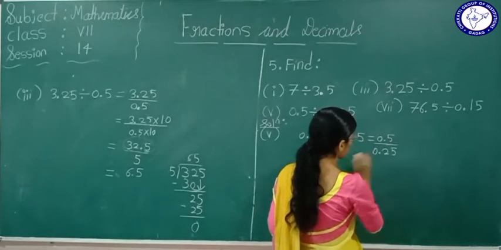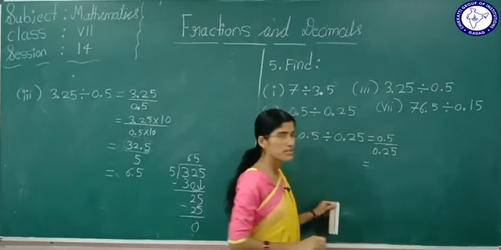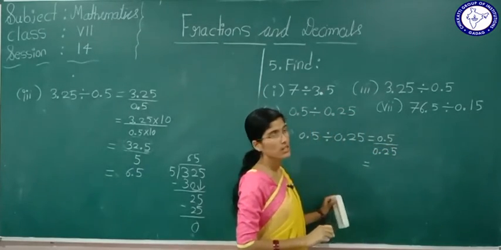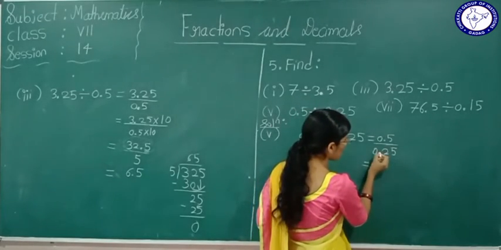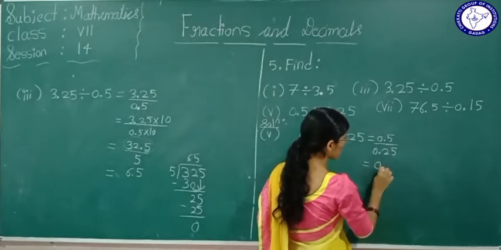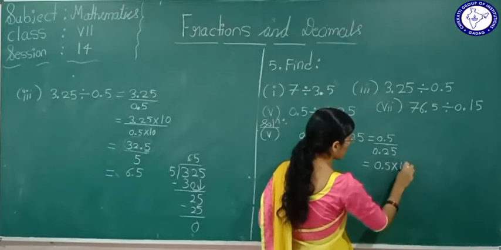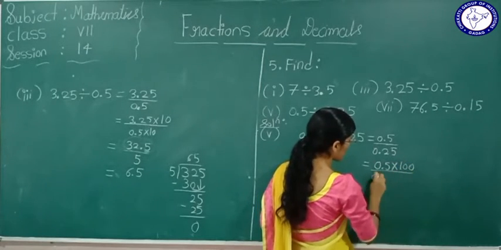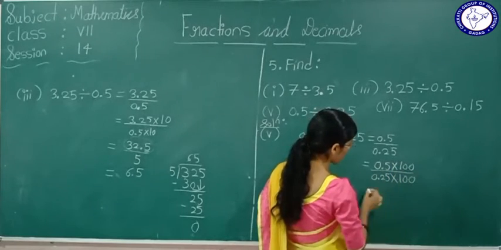Now see here students, to make it a whole number, what do we have to do? We have to look at the divisor. Our divisor is a decimal number, so to make it a whole number we have to multiply by 100. Yes or no? Then it will convert to a whole number. 0.5 into 100, 0.25 into 100.